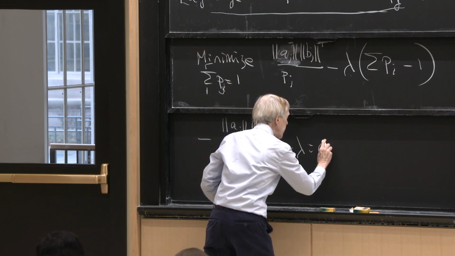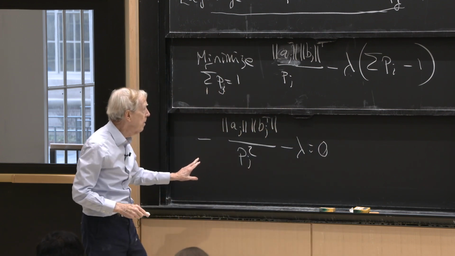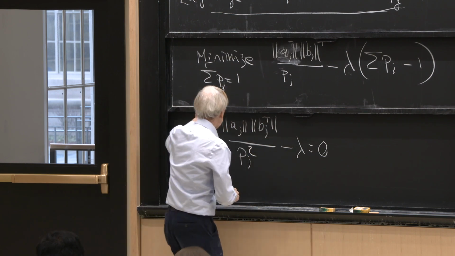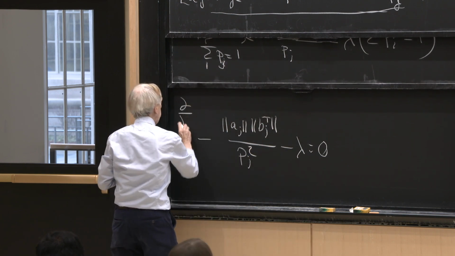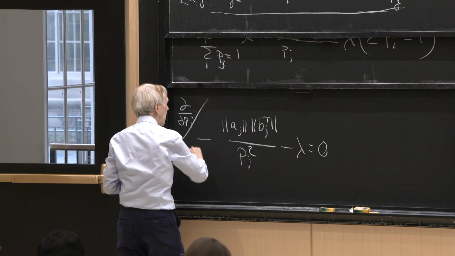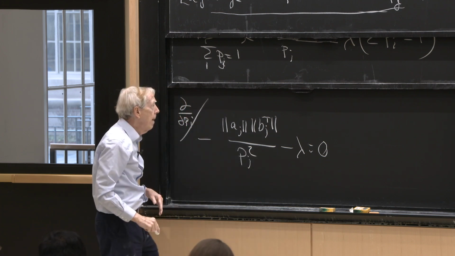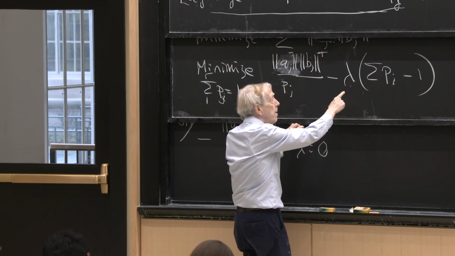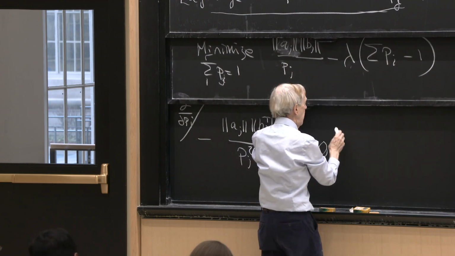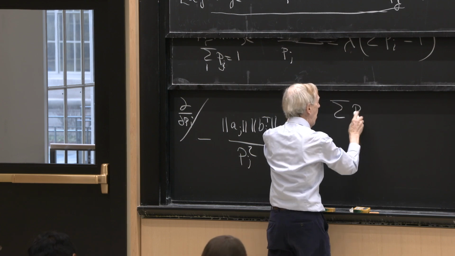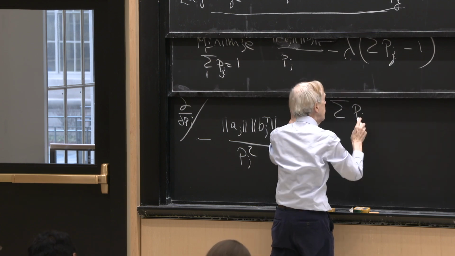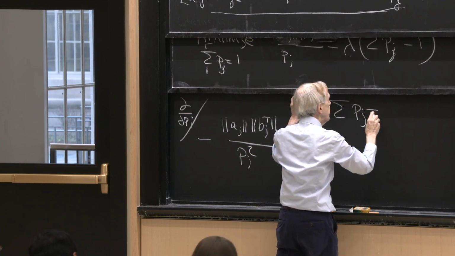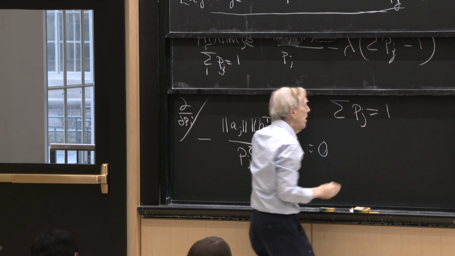So that derivative with respect to pj has to be 0. And then the derivative with respect to lambda is the sum over the j's minus 1, equals 0.